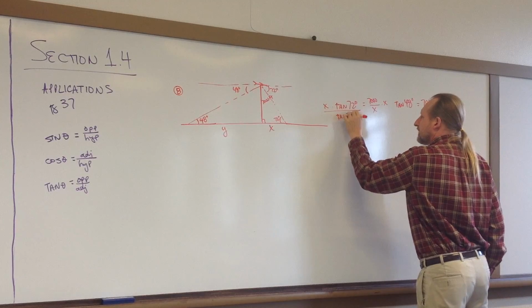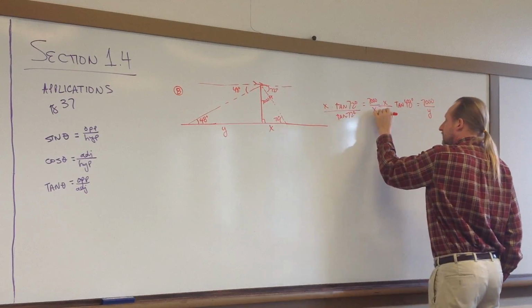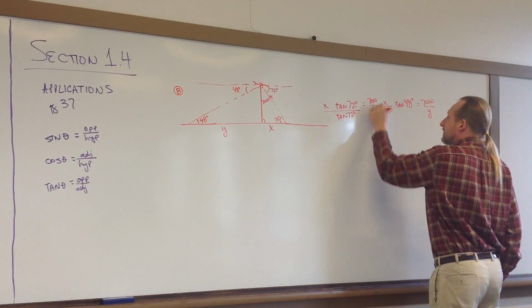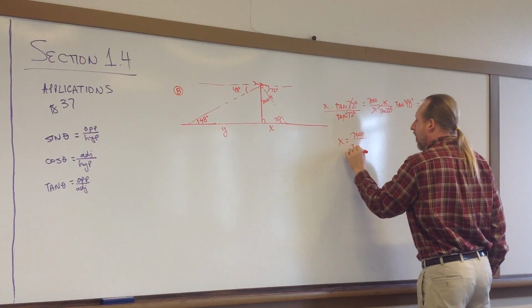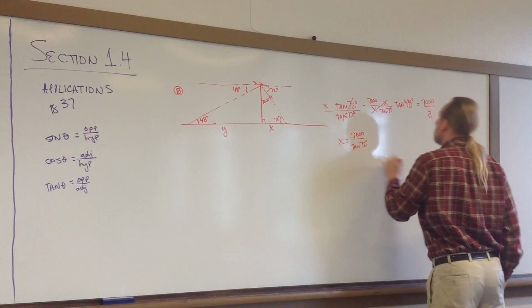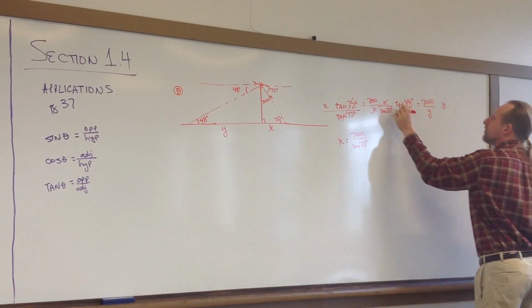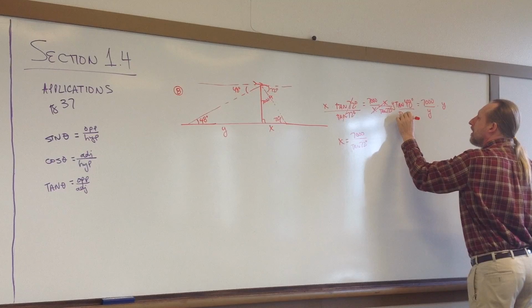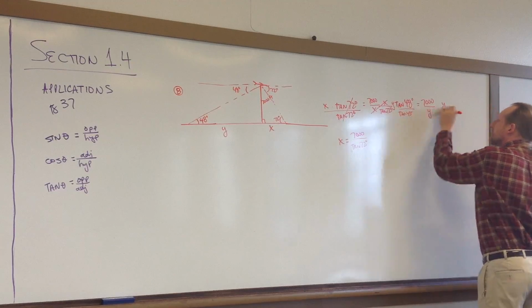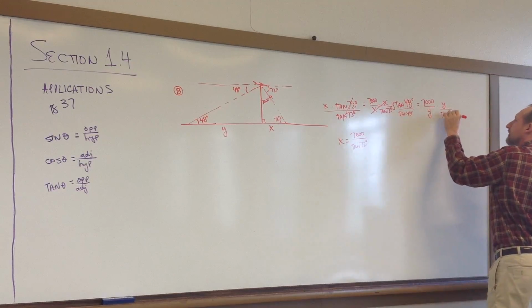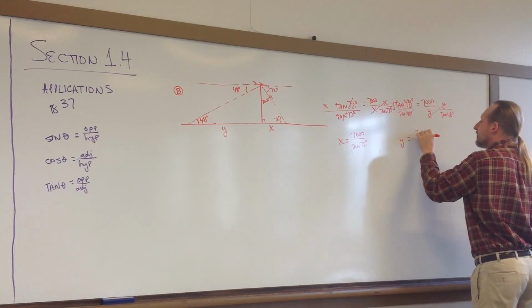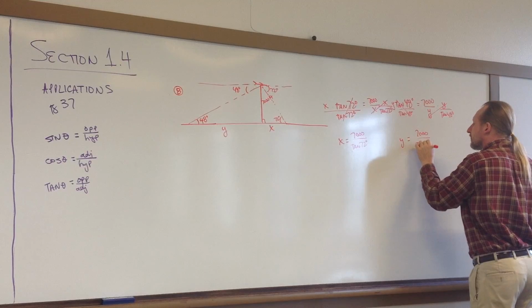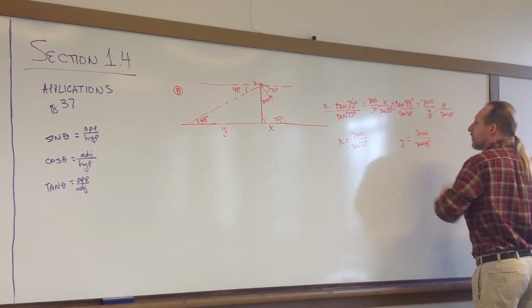Multiply on both sides by x, divide on both sides by tangent 72, and then do the same thing over here. Multiply on both sides by y, and divide on both sides by tangent 48 degrees. So y is 7,000 over tangent 48.